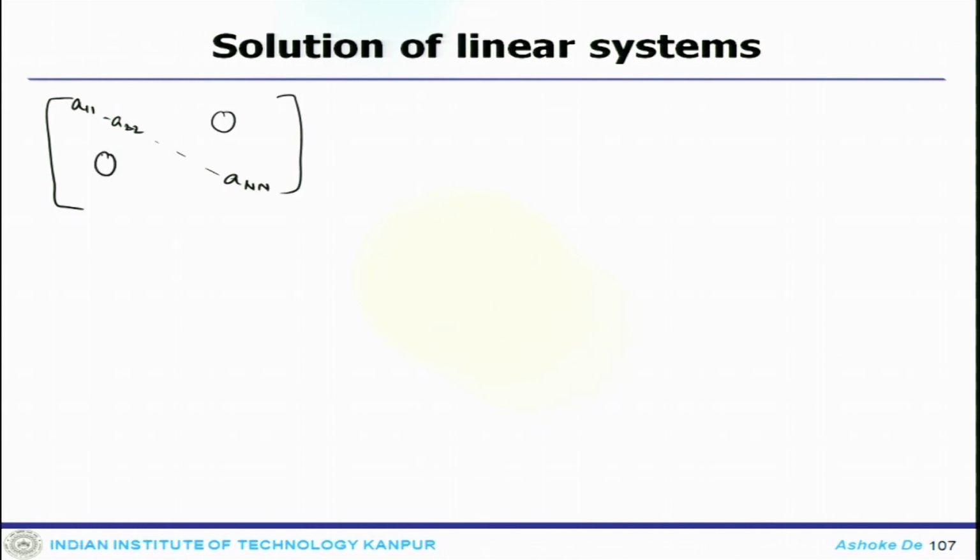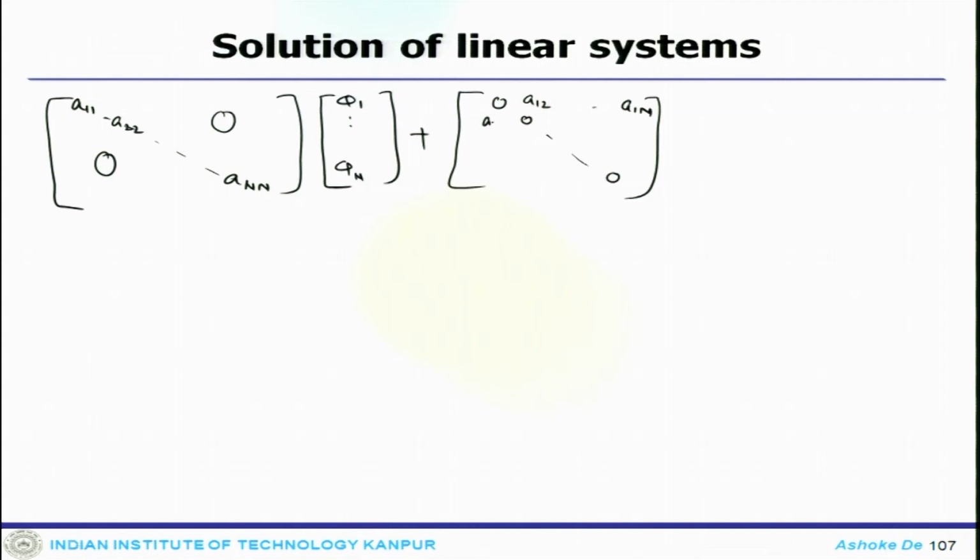This is the diagonal matrix and the rest of the elements are 0, which is multiplied with phi 1 to phi n, plus I can have 0 on the diagonal, and a 1 2 and so on up to a 1 n, a 2 1, a 2 n, and so on, a n 1, like that, which is also multiplied with phi 1 to phi n, equals b 1, b 2, b 3 up to b n.